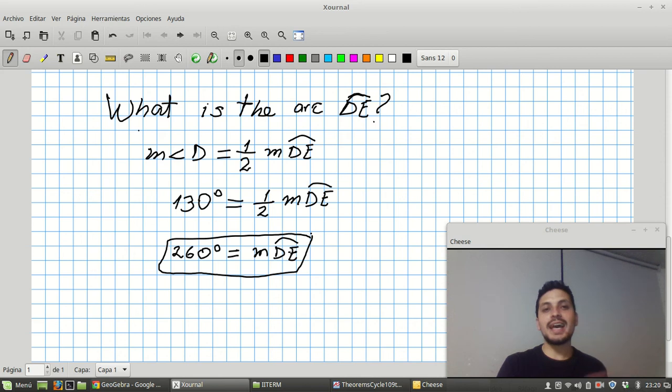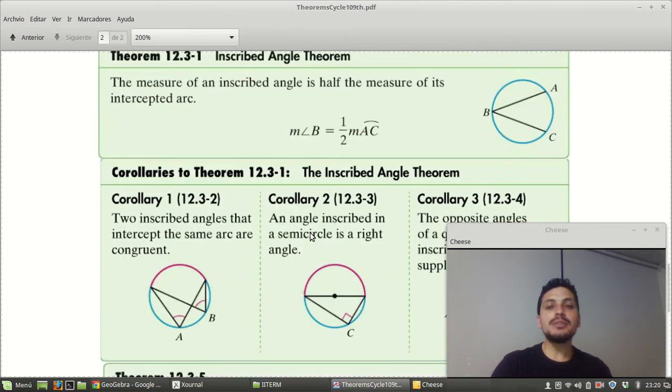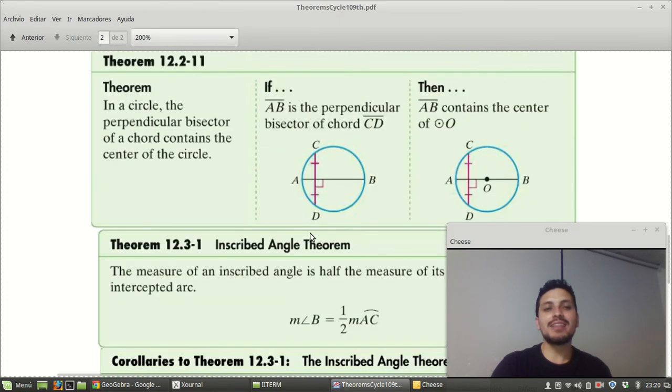We just need to set what is the theorem that we need, and after you know what theorem you're using, then you have the answer. So my hint is that every time you have a geometry situation, just have a list of theorems so you don't work so hard on checking what theorems you need.